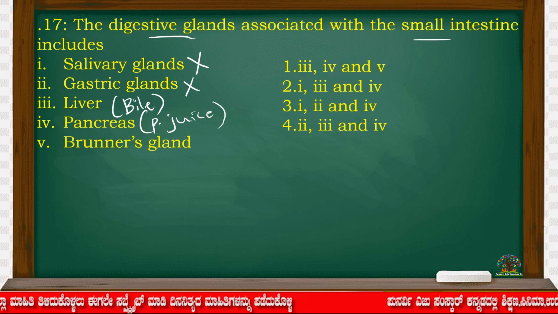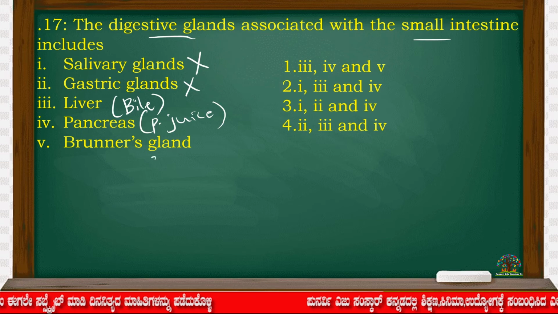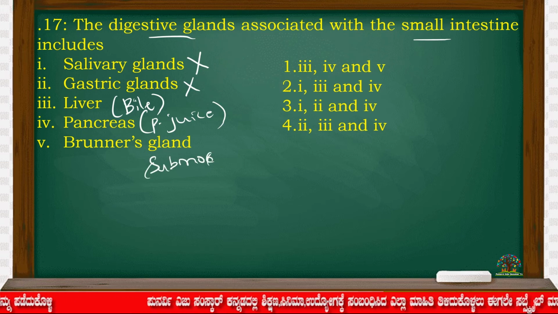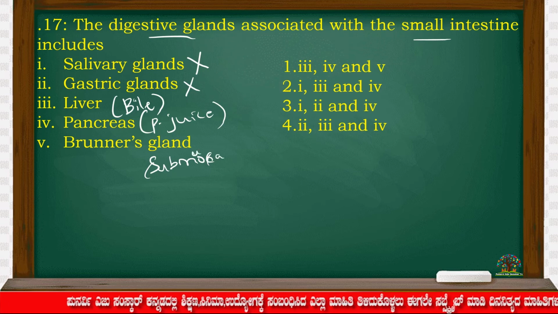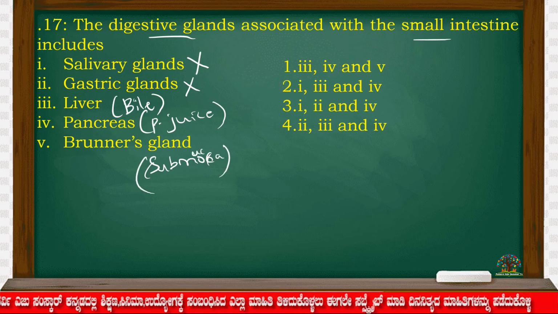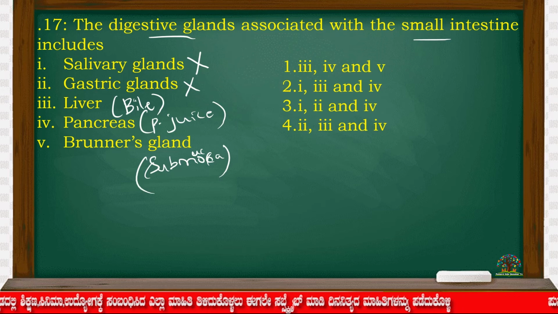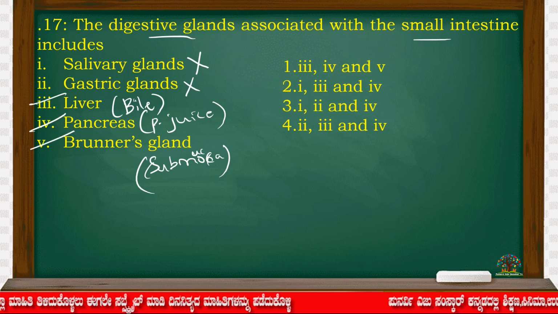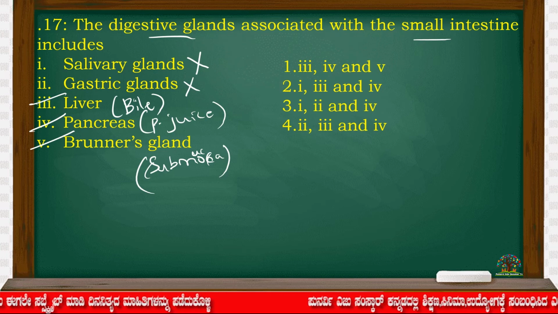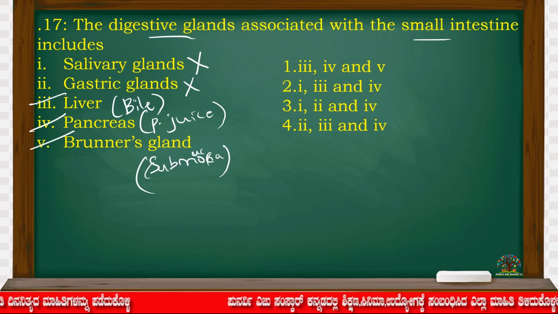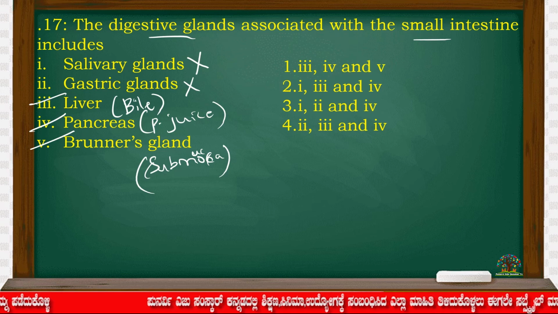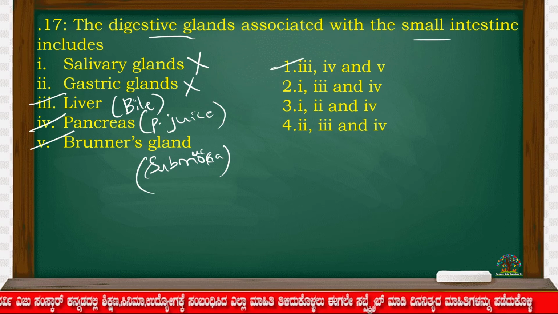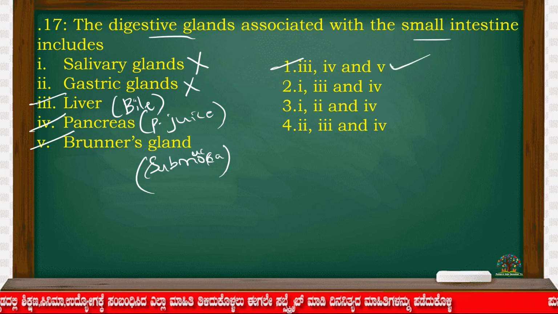And the fourth one, Brunner's gland, is associated with the submucosa, seen in the small intestine. Therefore, liver, pancreas, and Brunner's glands are the glands associated with both the digestive system and the absorption system, that is the intestinal system. Option number 1, which has the third, fourth, and fifth being correct, is the correct answer for this question.